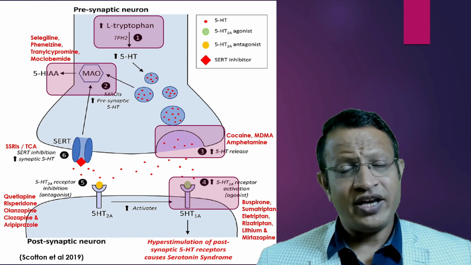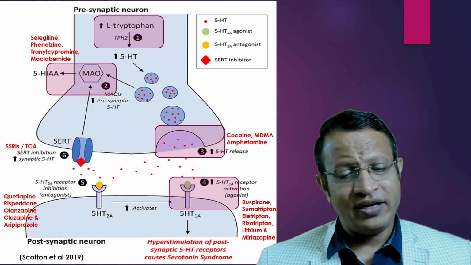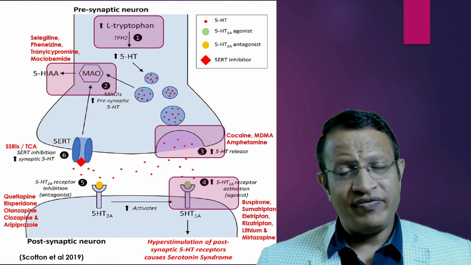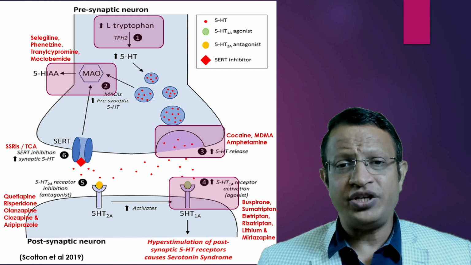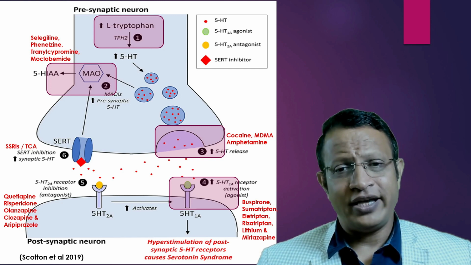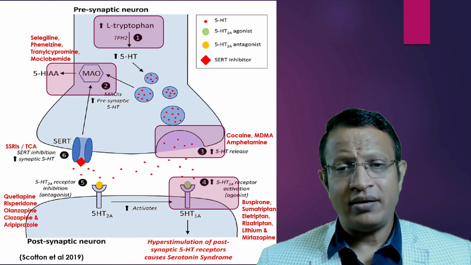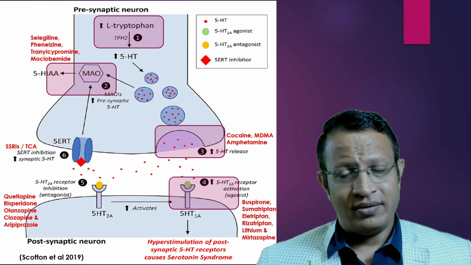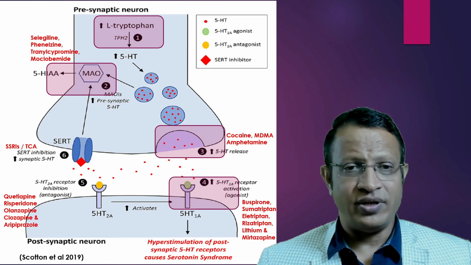Increased 5-HT1A receptor activation. This is seen in some drugs, especially if SRI is given in combination with buspirone or anti-migraine drugs like sumatriptan, eletriptan, rizatriptan, lithium or mirtazapine. This can again cause serotonin syndrome.